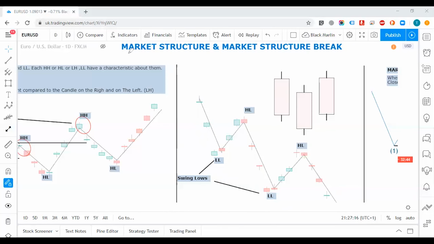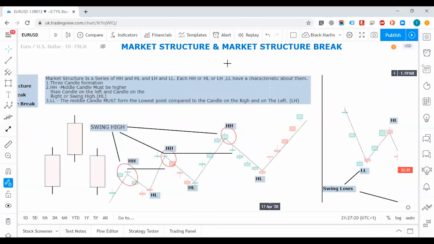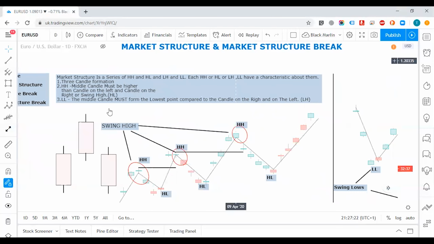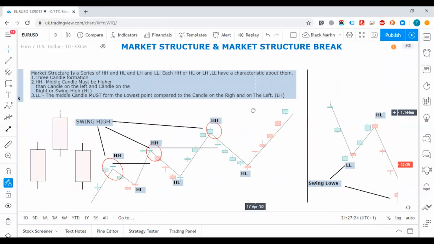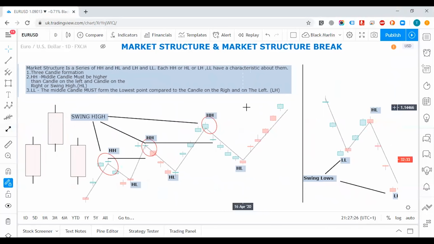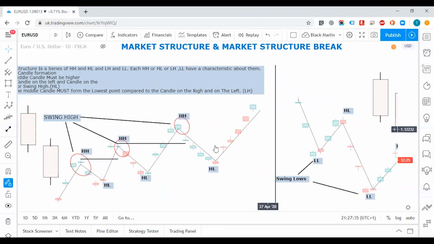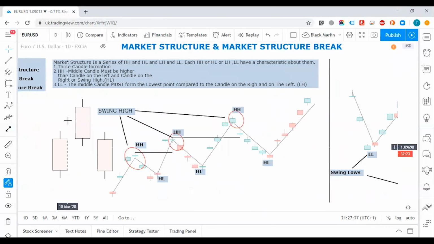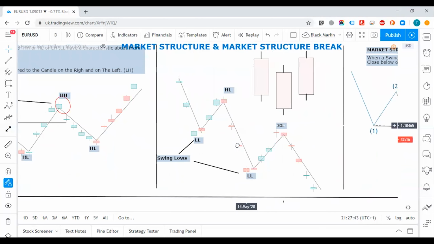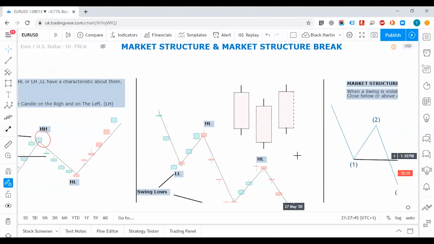Okay, so I hope you've been able to understand what market structure is, with me being plain and simple as much as I can, so you understand it. And this is how it looks for swing highs. So at the top of the swings, you have this three candle formation, and at the bottom, you will have this three candle formation.